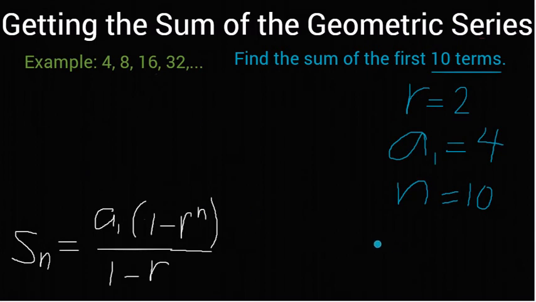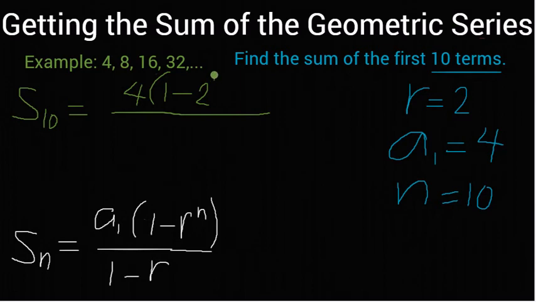Now let's get the sum of the first 10 terms by using this formula. We have n as 10, the first term, which is 4, and then quantity 1 minus 2 raised to the power of 10, divided by 1 minus 2.